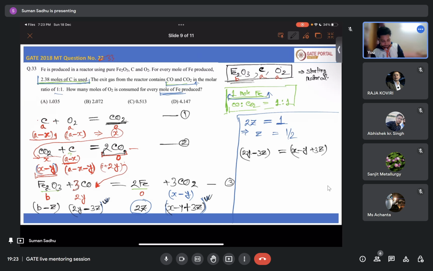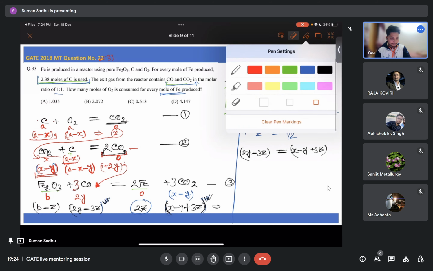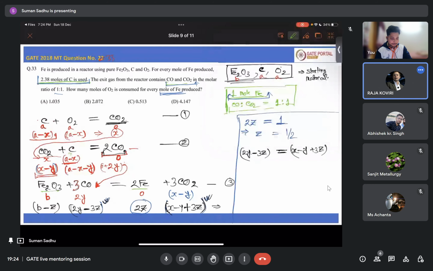So in this, from these equations, we can see that unreacted CO is 2Y minus 3Z mole. This has to be equal to the total amount of CO2 that is formed, that is X minus Y plus 3Z. Understood this second equation? Yes, sir.